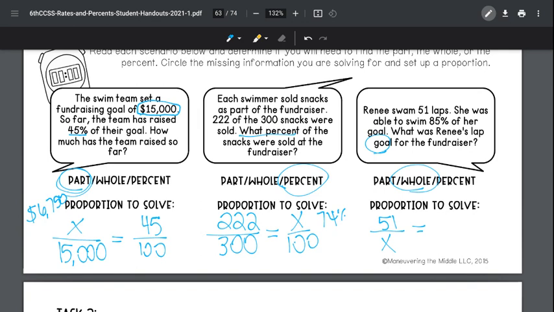But I know 51 laps is 85% out of the 100%. So when you cross multiply and divide, her goal was to swim 60 laps. She was pretty close. Renee was a lot closer than the 3 people in our first task.